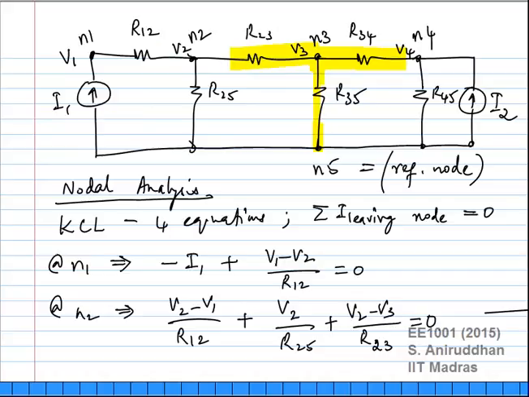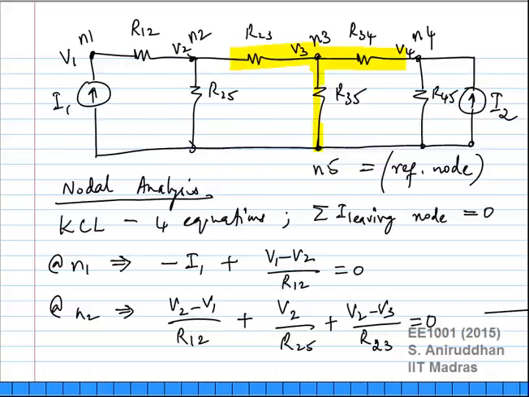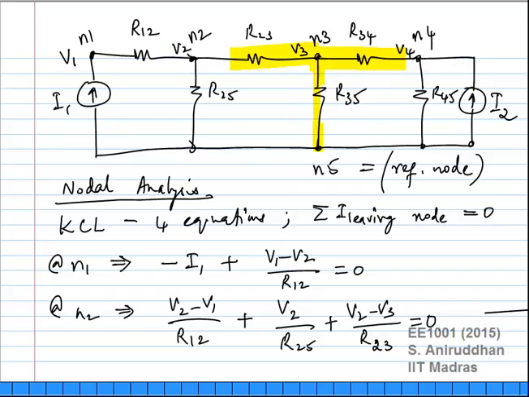At N4, okay, you have (V4 minus V3) by R34 plus V4 by R45, okay, minus I2.